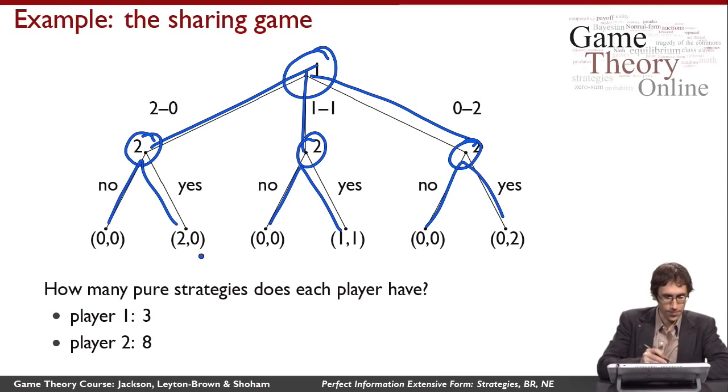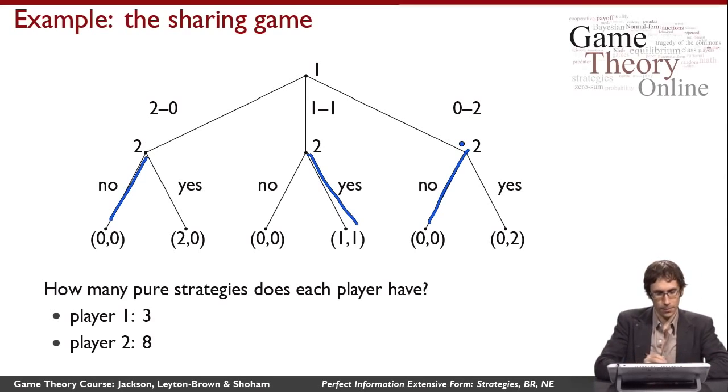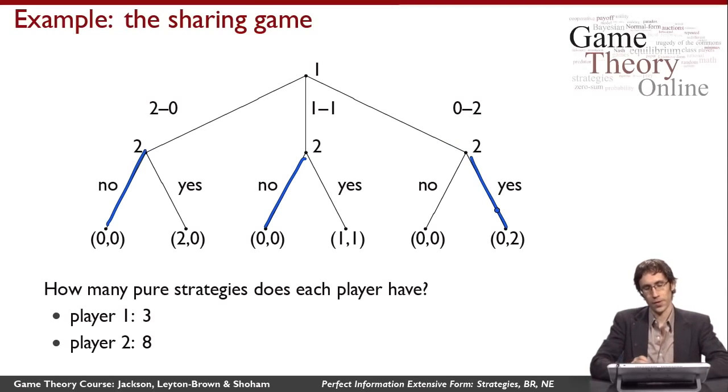So if player 2 were to choose like this, so if player 2 was to make the decision that in this situation he would decline the offer, in this situation he would accept it, and then again in this situation he would decline it, that's one pure strategy, and that's different from this pure strategy here. And so the number of such pure strategies is 8.